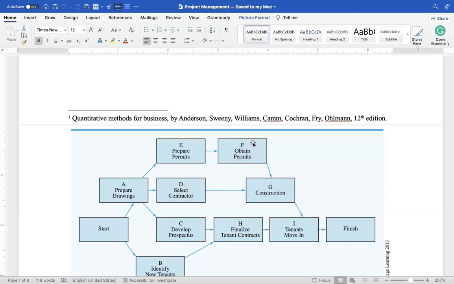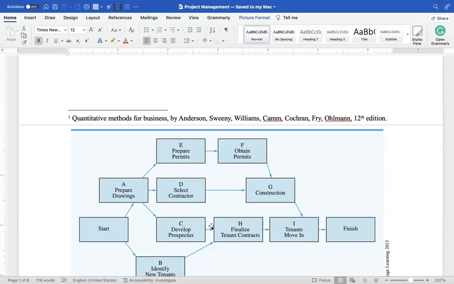If only one of these activities is finished, for example, if only D is finished but F is not finished, you cannot start activity G. Similarly, if only activity F is finished but D is not finished, again, you cannot start activity G. So activity G can only be started once both D and F are completed.